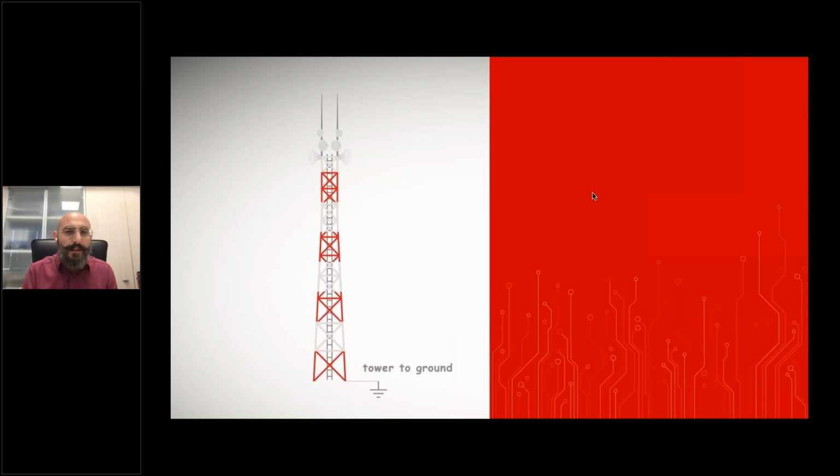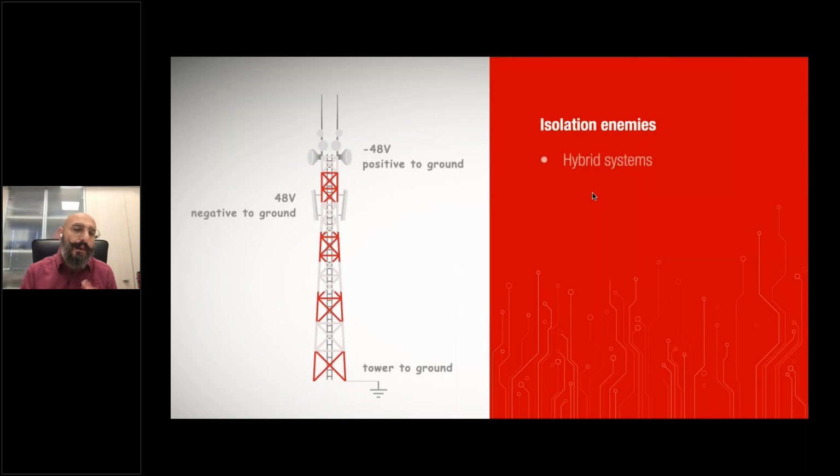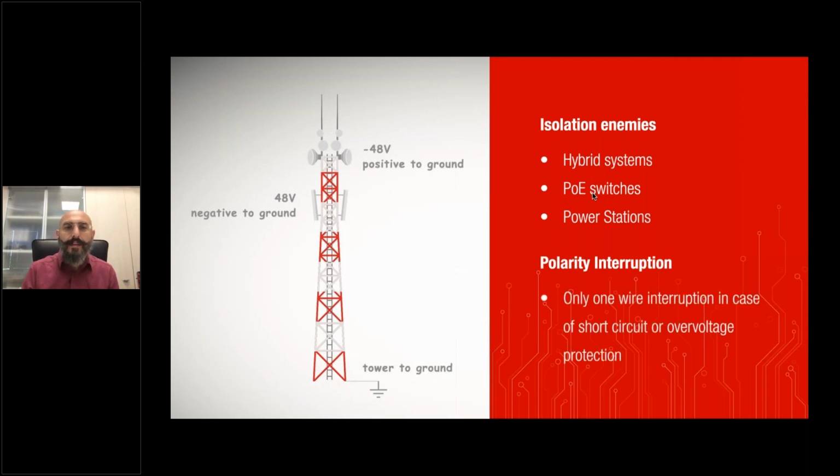Okay, another topic is isolation and grounding. Usually we put the tower to ground, we connect the tower to ground, then we add devices on the towers. Some devices need, for example, minus 48 volts.